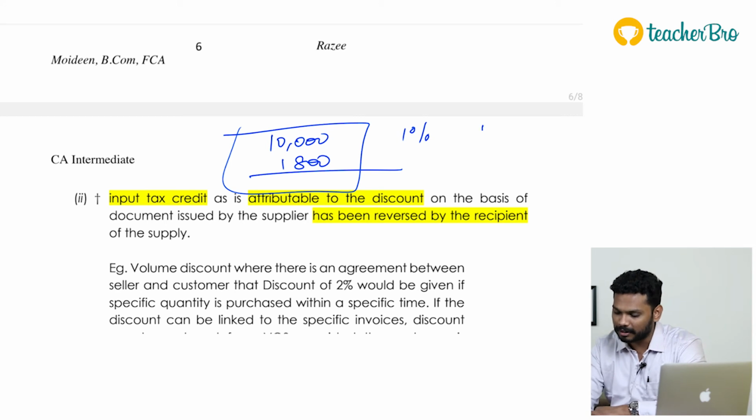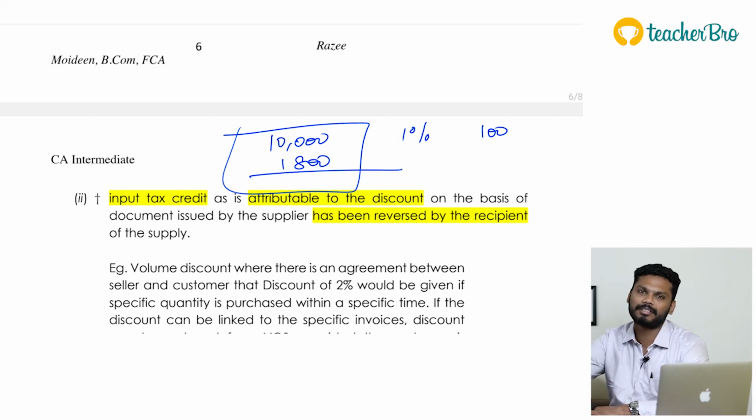So how much is that? 100 rupees. I am giving a 100 rupees credit note to the customer, or discount to the customer. The question here is, how much is the tax that I should pay? Is it 1,800 or 1,800 minus 18 rupees? That is 18% on the 100 rupees, right?